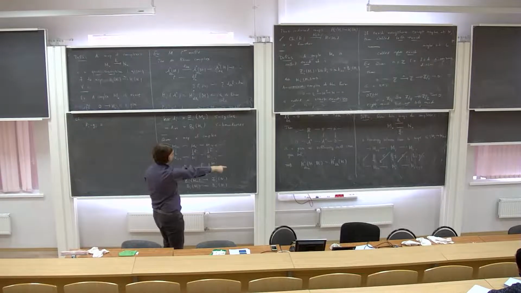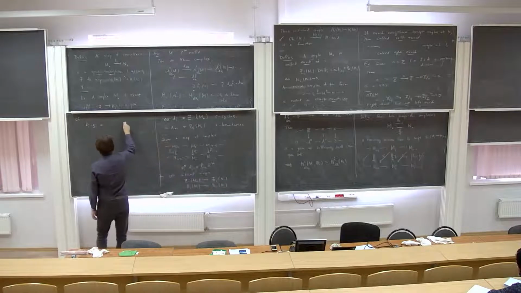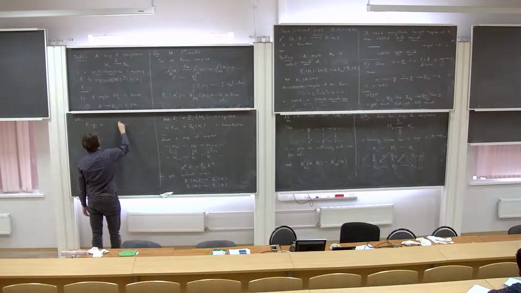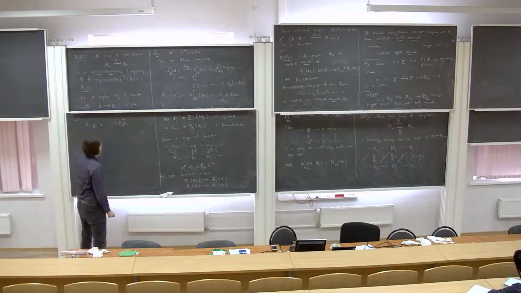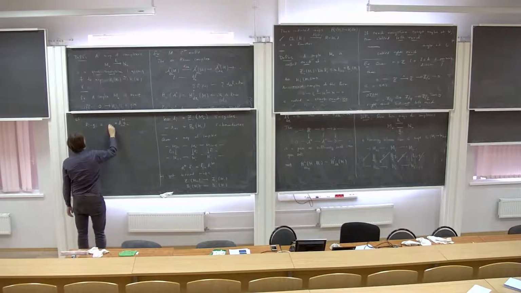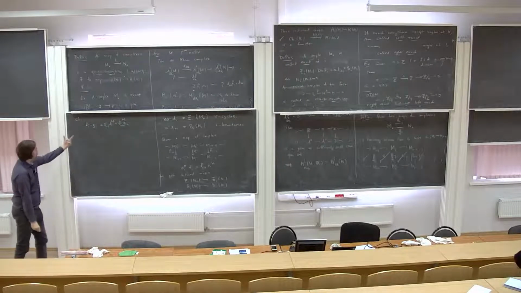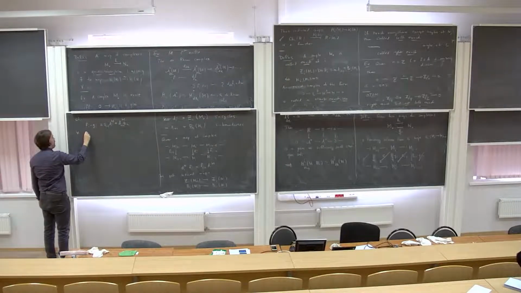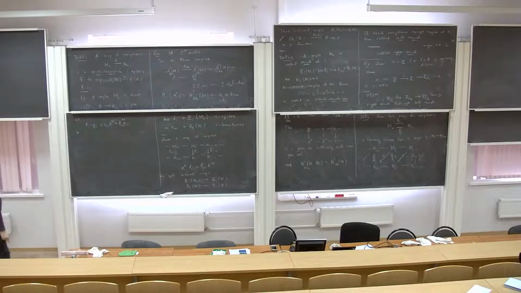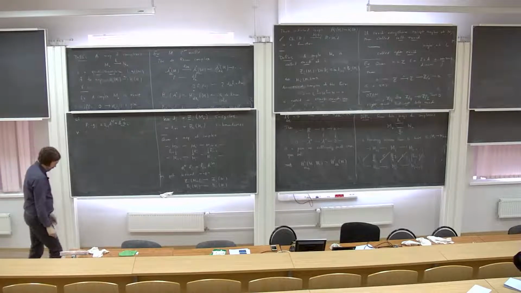I can do S_i and then D_{i+1}. Or I could do D_i and then S_{i-1}. Okay? So I want this for all i. So that's the notion of a homotopy between F and G.